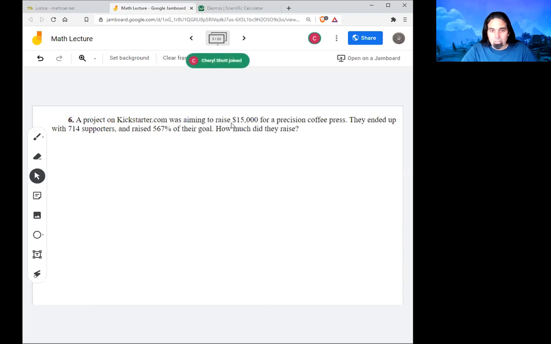Times 5. So a 15 is times 1, a 30 is times 2, a 45 is times 3, a 60 is times 4. So they've got about $75,000 just as an estimate before we get started. So we should get something bigger than that when we do this.